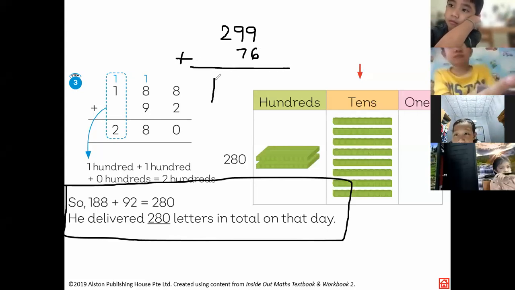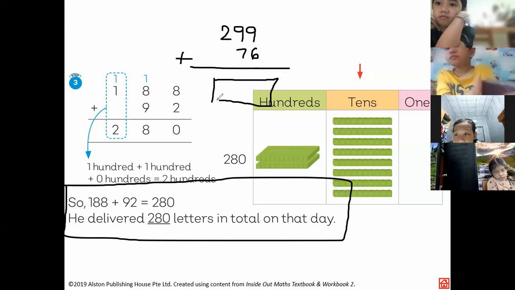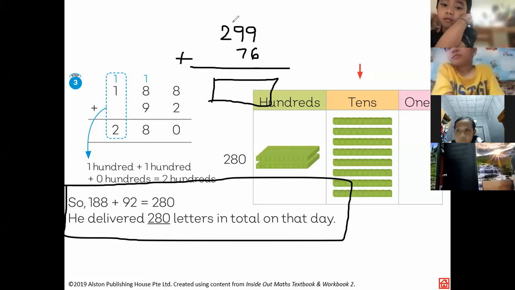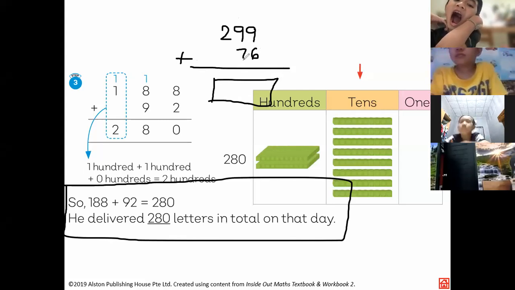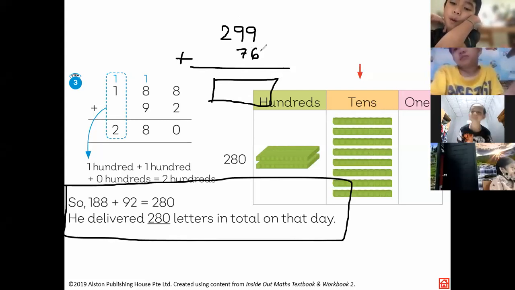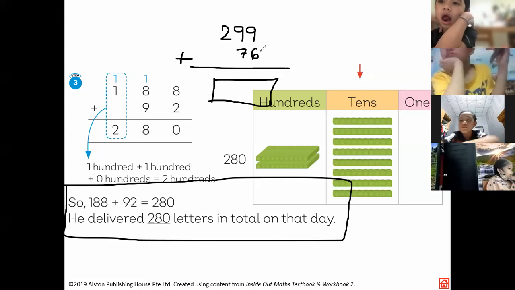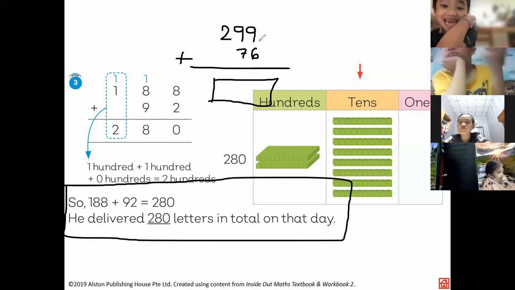How many letters in total or altogether for one day? I have 299 plus 76 letters. How many letters altogether? Okay, first, we have to add 9 plus 6.